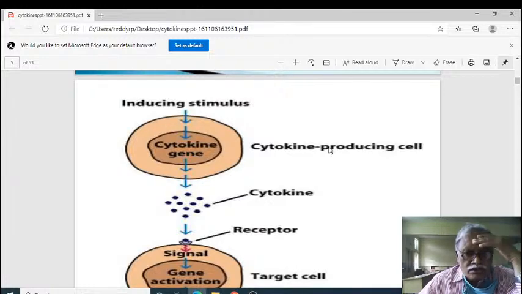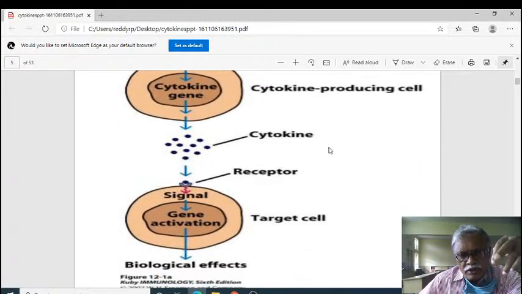Inducing stimulus, so that is due to injury or any other inflammation, will act. The cytokine gene gets stimulated, the cytokine producing cell, that is mostly the T cells, and the cytokines are released into circulation.